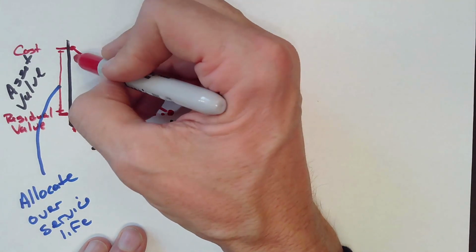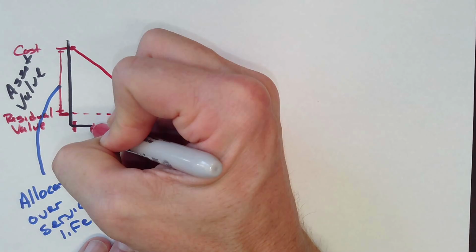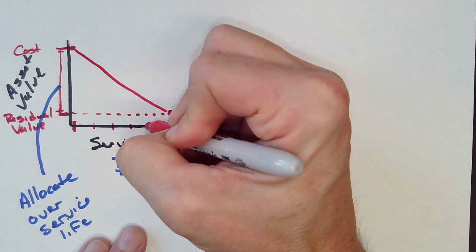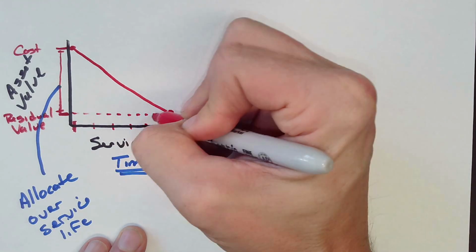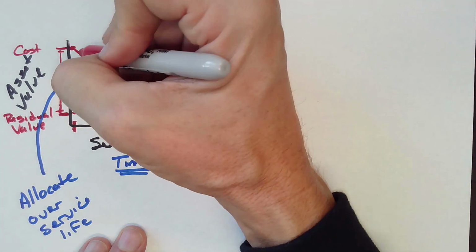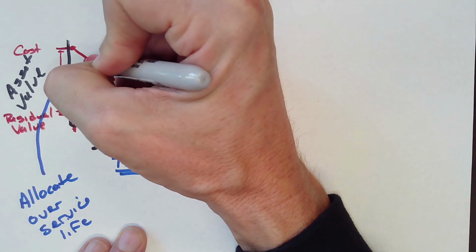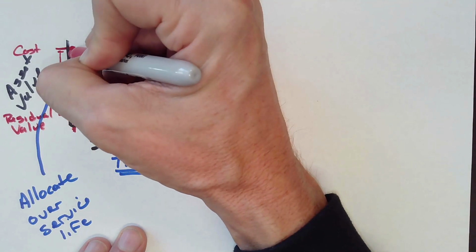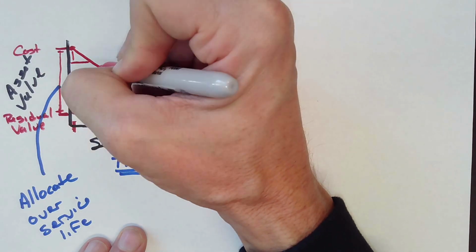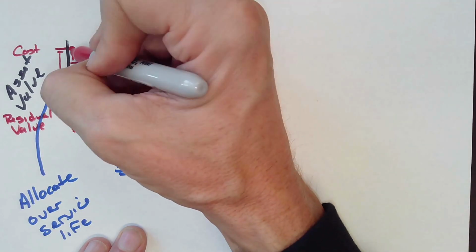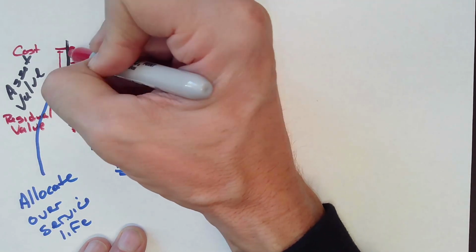So every year, if this is one year, another year, another year, another year, put one more in there. This change here is a similar change every single year. And this is the amount that I'm allocating each year.